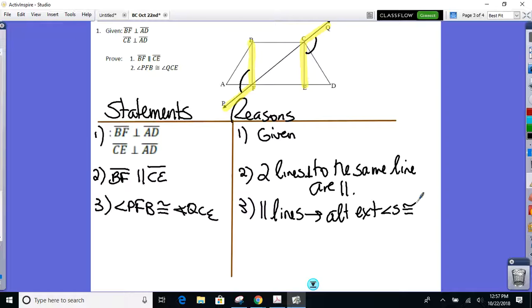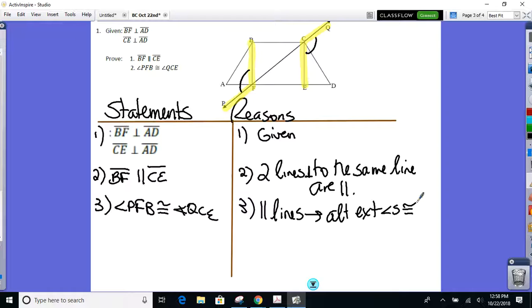Perfect. Yes. 3 steps. Could have been longer depending on how you looked at it. Absolutely. But this is about it. This is as short as it could be. We good there on this one? Proving parallel lines and then using that to show the alternate exterior angles.